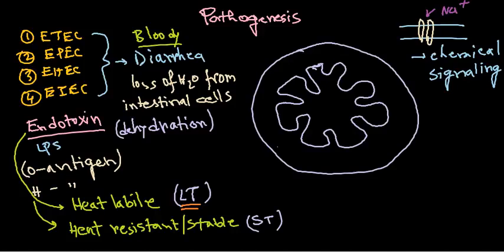It depends on the concentration of cyclic AMP inside the cell. If the concentration of cyclic AMP elevates inside the cell, it will cause the massive release of sodium ion as well as chloride ion from the intestinal cells into the gut.